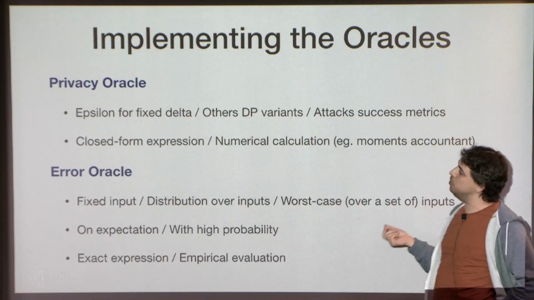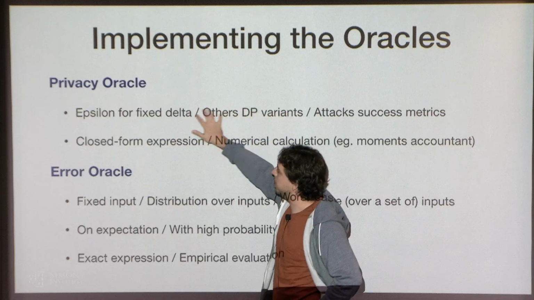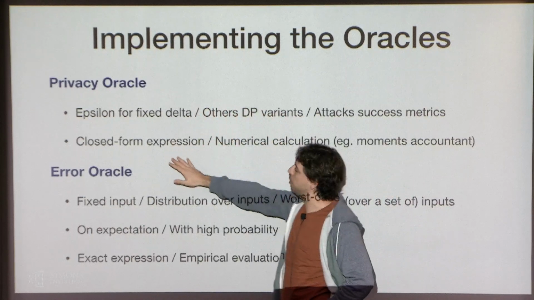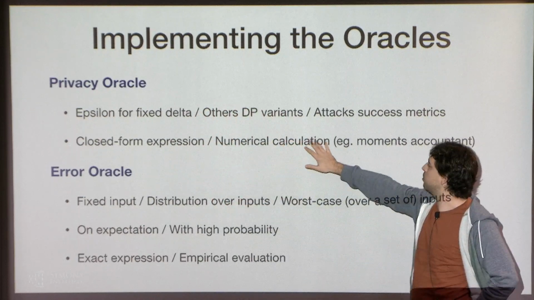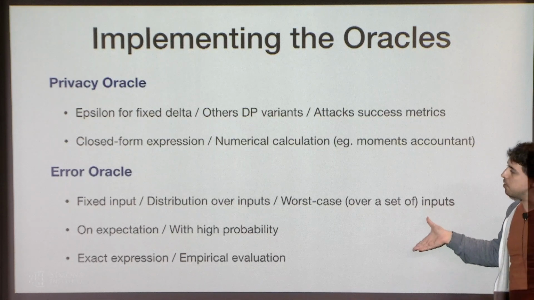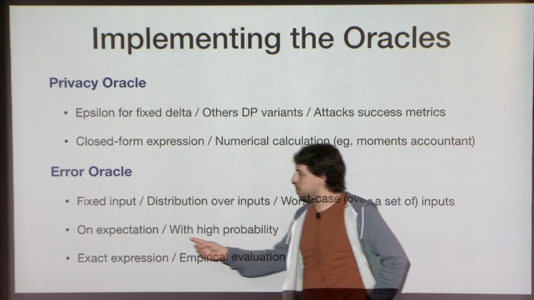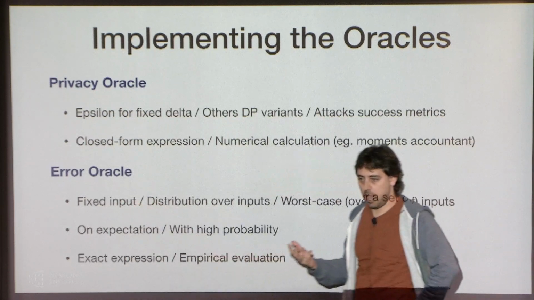On top of that, whichever thing you pick in here, you might have it available in closed form, or you might have to do some numerical calculation like the moments accountant, and that's what we're going to do next in some machine learning experiments. In terms of the error oracle, you can also think of a lot of alternative definitions. So you could think, what is the error for a fixed input?